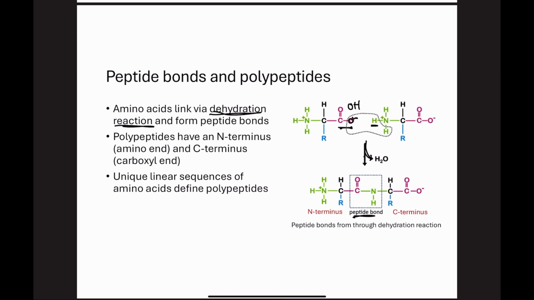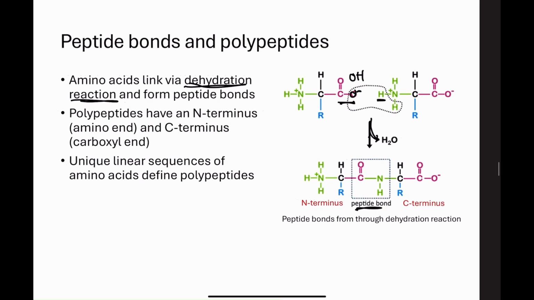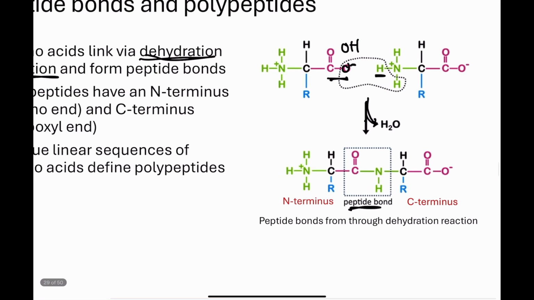And when this process is repeated over and over again, we're going to create our polypeptide chain. At one end of this polypeptide chain, which is what we're seeing here, we have an amino acid that has a free amino group. It is completely free, and it is called the N-terminus.